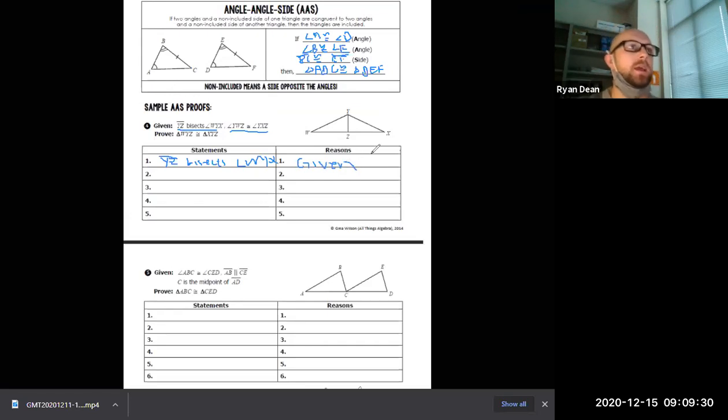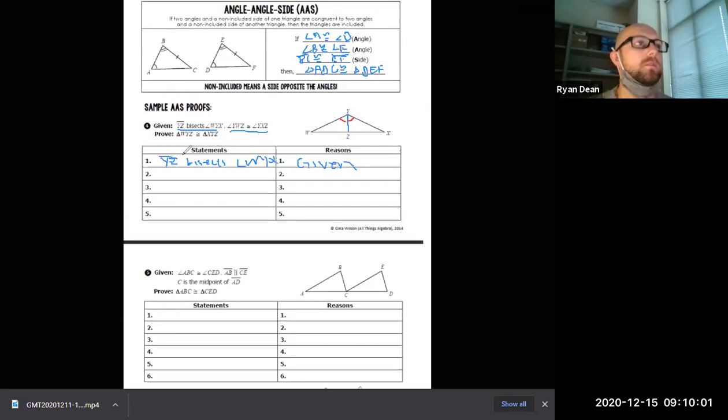Now let's go ahead and take a look at the meaning of this. YZ bisects angle WYX. So here's YZ. YZ bisects WYX. So what I'm going to do is I'm going to make these two in red congruent because of the definition of bisects. Okay.